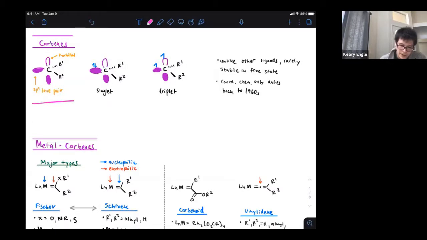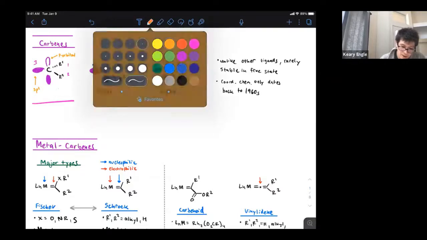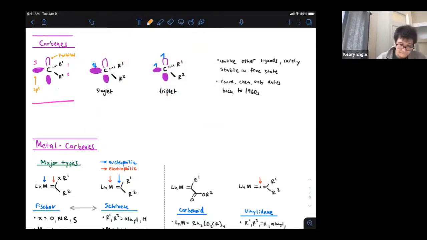So you have 3 sp2 hybridized orbitals in plane, 2 bonding, and then one which, depending on the electronic configuration, can be a lone pair. Along with one p orbital that is orthogonal to the plane.